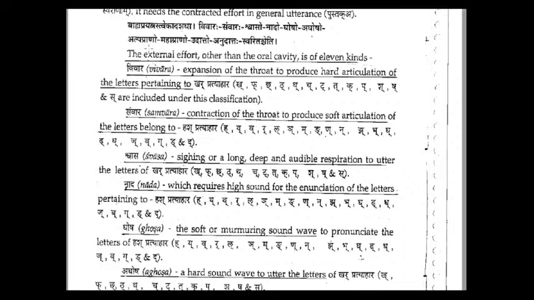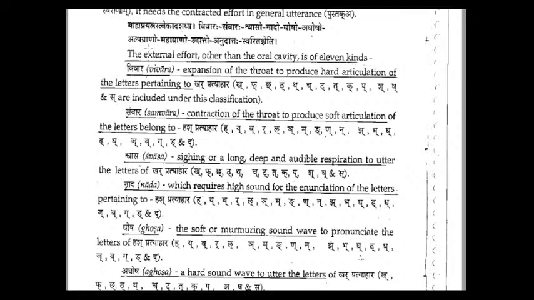So number 1, Vivaraha. What is called Vivaraha? Here you read that Vivaraha means the expansion of the throat to produce the hard articulation of the letters pertaining to Khar Pratyahar. Obviously, we know the external effort of Khar Pratyahar consonants is Vivaraha. So they have written here Khar Pratyahar, Kha, Pa, Cha, Ta, all these consonants. Then Vivaraha, and next was Swasa.